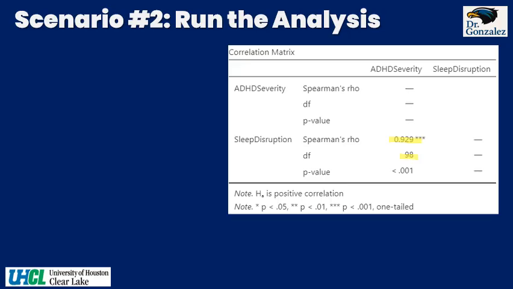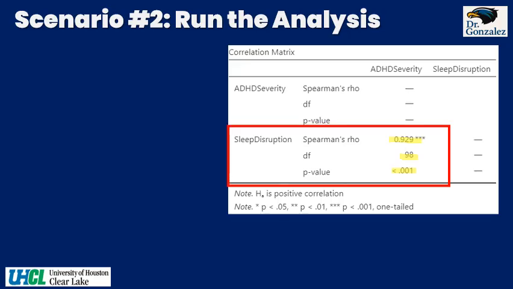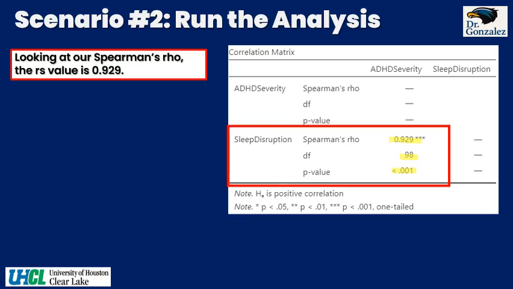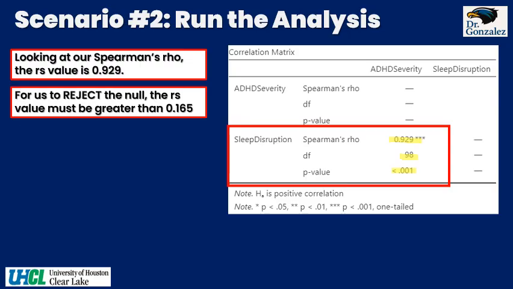Your degrees of freedom are 98, and your p-value is less than 0.001. So our calculated rho is 0.929. Our critical value was 0.165. So our calculated rho is definitely larger than our critical.